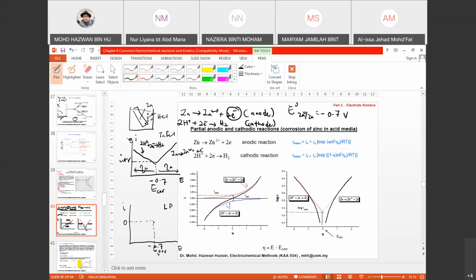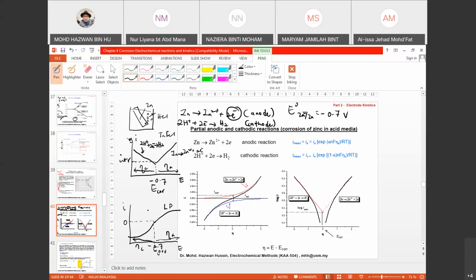You have one exponential, indicating the anodic branch, and another one that decreases exponentially if you decrease the potential, so you get this one.